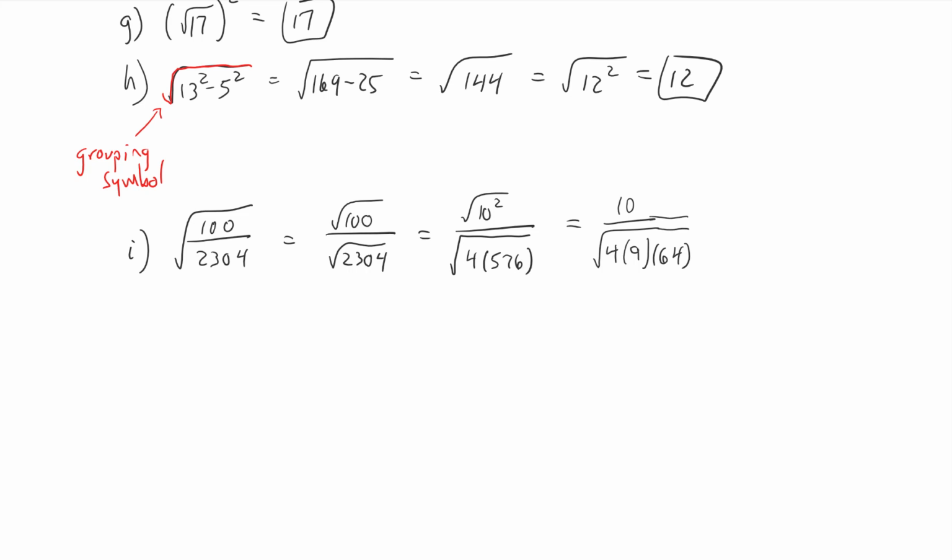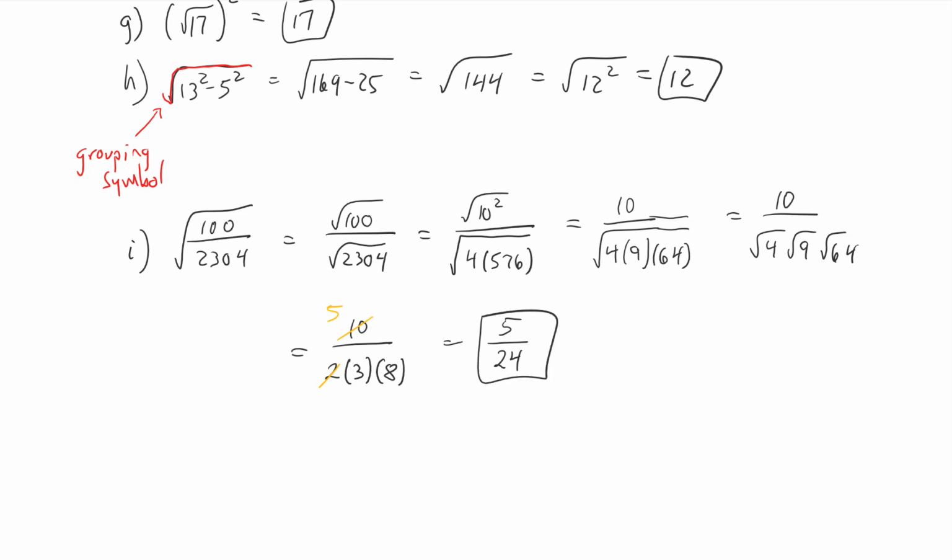So the top is 10, the bottom is the principal square root of 4, the principal square root of 9, the principal square root of 64. So we get 10, and then we know what all of those are. Those are all common perfect squares. So this is 2 times 3 times 8. And then we can simplify here. That 10 and that 2, that's 5. So we get 5 over 24.